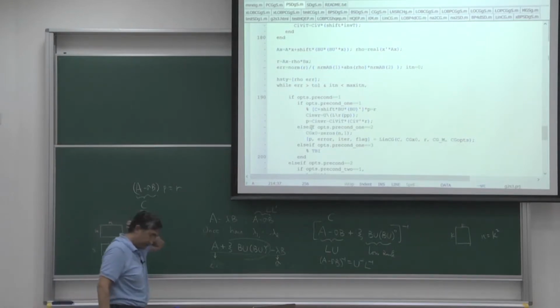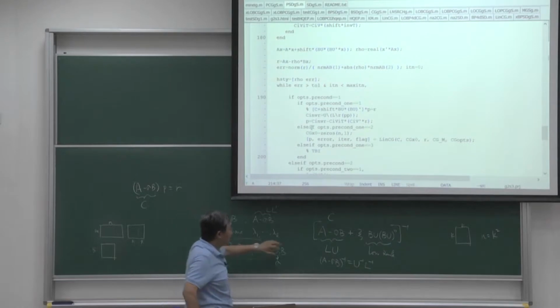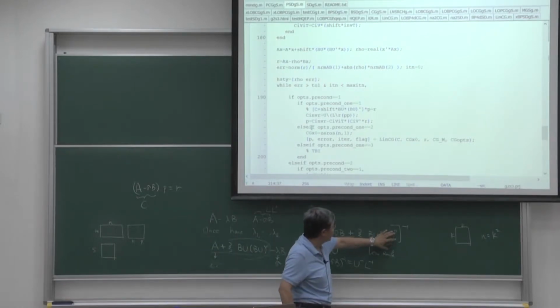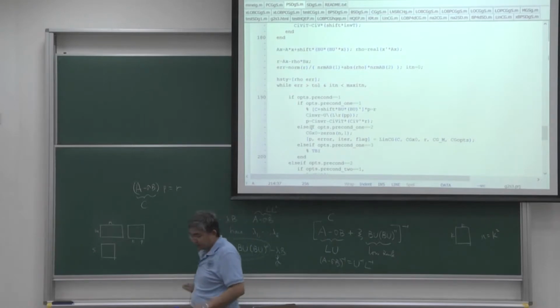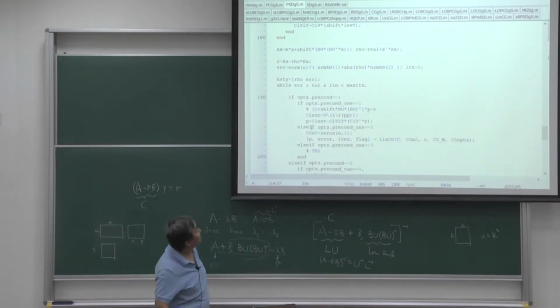Now, when you have the shift case, your matrix multiplication will be A minus sigma B plus the shift. Your conjugate gradient routine needs to be updated for that.